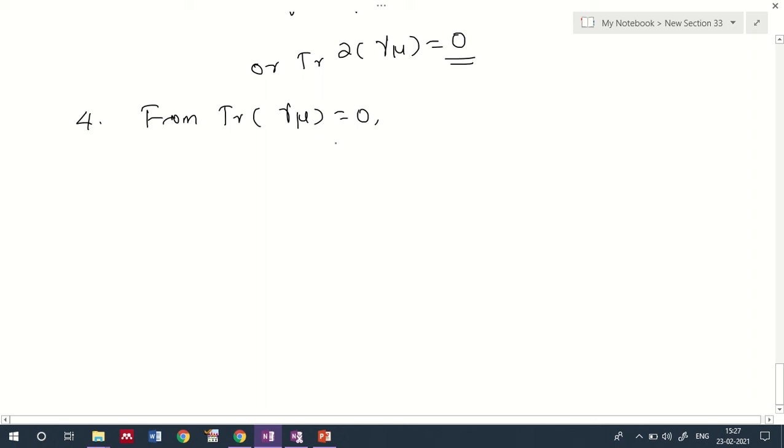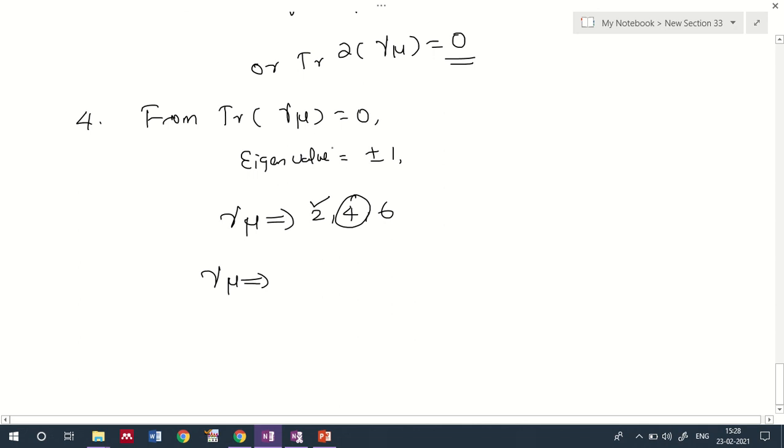From that we can identify that the eigenvalues will be plus or minus 1. Also, the matrix gamma mu will always be of even dimension: 2, 4, 6. Finally you will understand that it does not follow a 2 by 2 matrix. Instead it will be a 4 by 4 matrix corresponding to gamma mu. So gamma mu will always be a 4 by 4 matrix, not a 2 by 2 matrix.